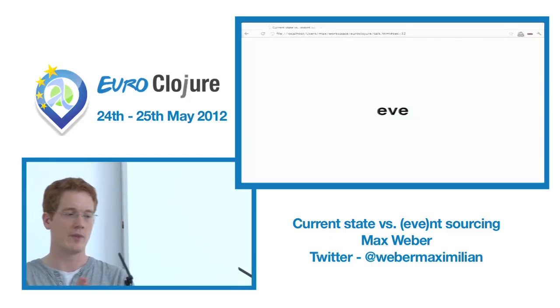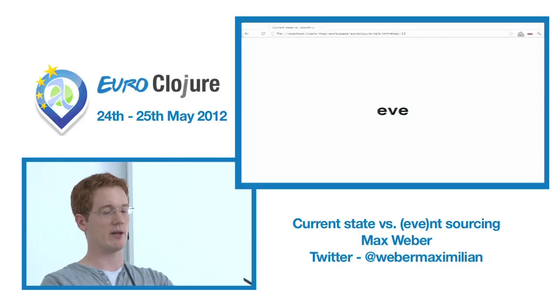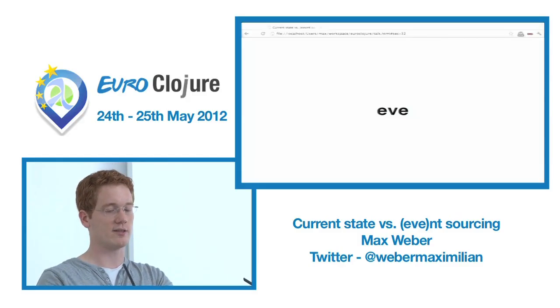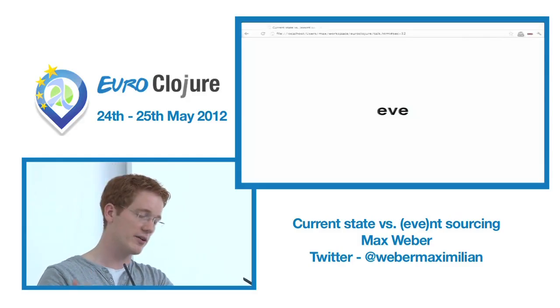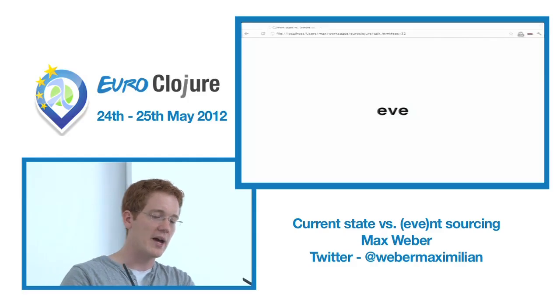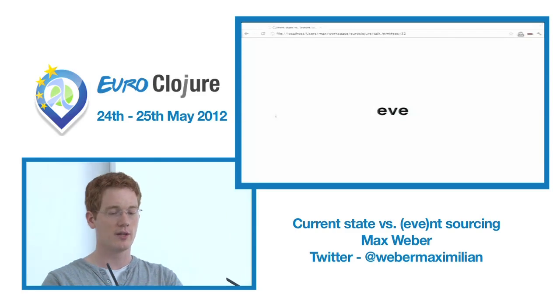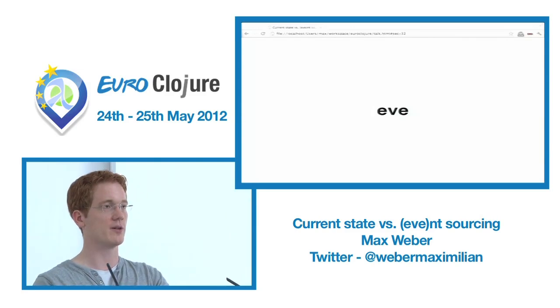So, the Eve library. At the moment, the Eve library is really only a couple of convenience functions to realize event sourcing and a CQRS architecture in Clojure. The talk already showed the main insights which were necessary to transfer the CQRS approach into the functional world of Clojure.